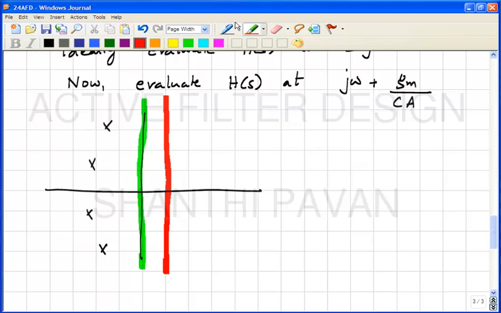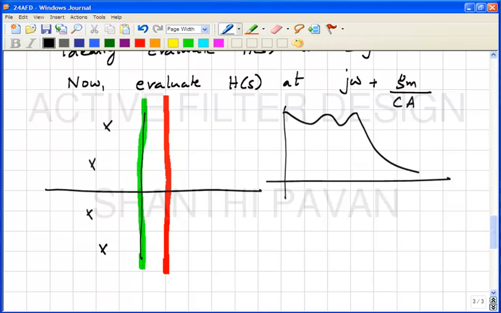If the original response was like this, and I go further into the right half plane, the rippling will reduce, and it will probably do something like this.